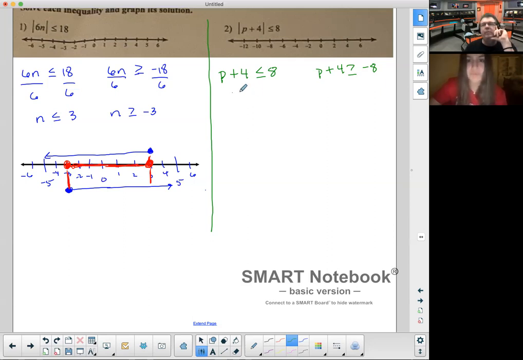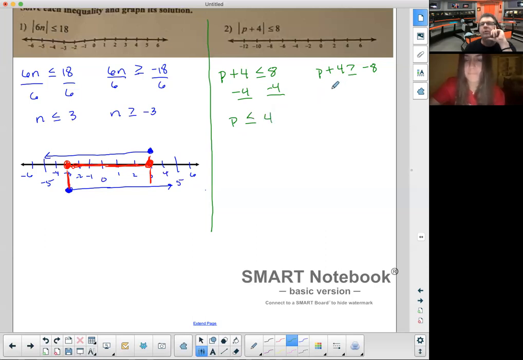So off we go, right? Then -4, and then that's 4. p, and then the symbol, and then 4.